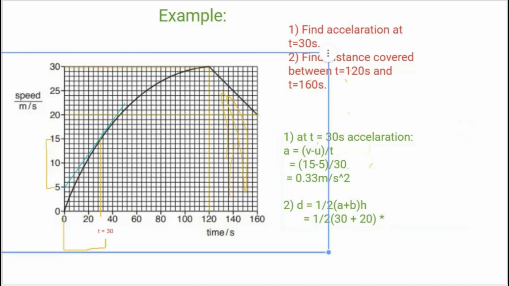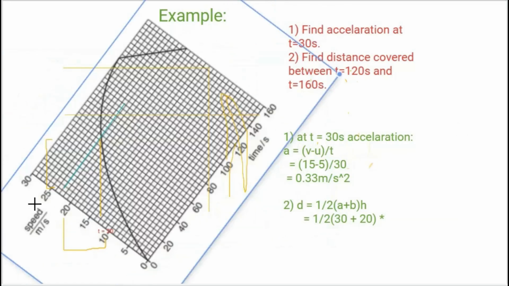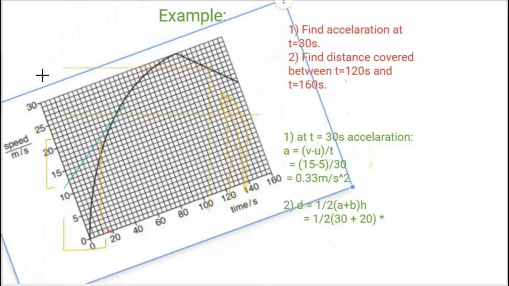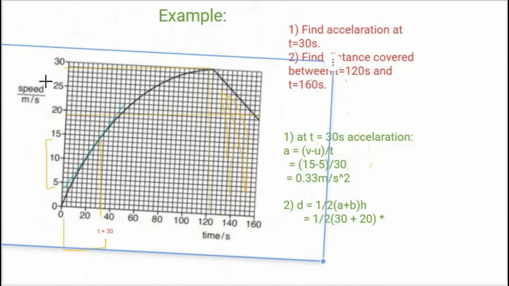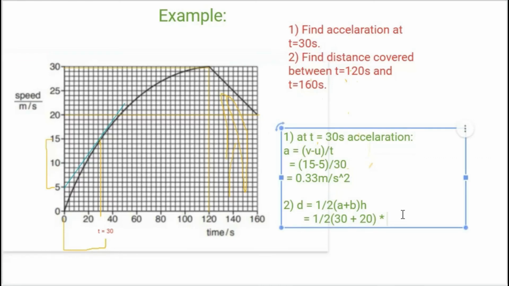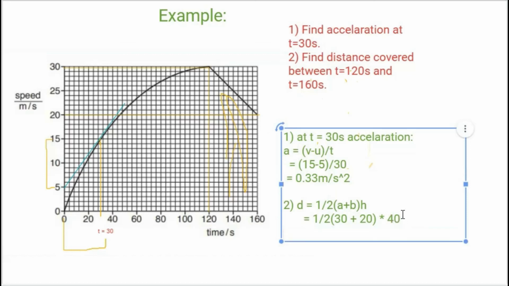If you turn it around, you can actually have a clue of it being a trapezium. Let's move on to the question answering part. So h is 40. 30 plus 20 is 50. Half of that is 25.